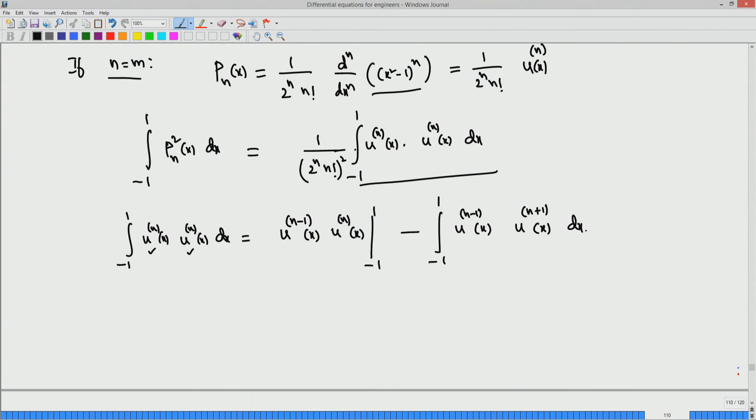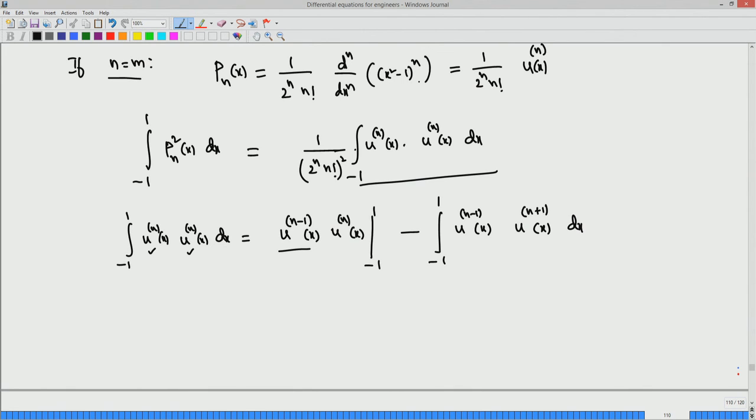And you know that un minus 1, you see that what is un minus 1? n derivatives of this is an nth degree polynomial, or rather the n derivatives of x square minus 1 power n. This u of x is a 2nth degree polynomial in x.